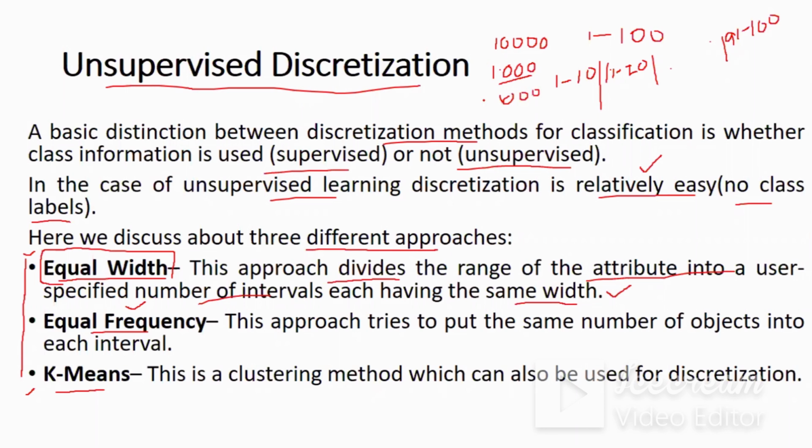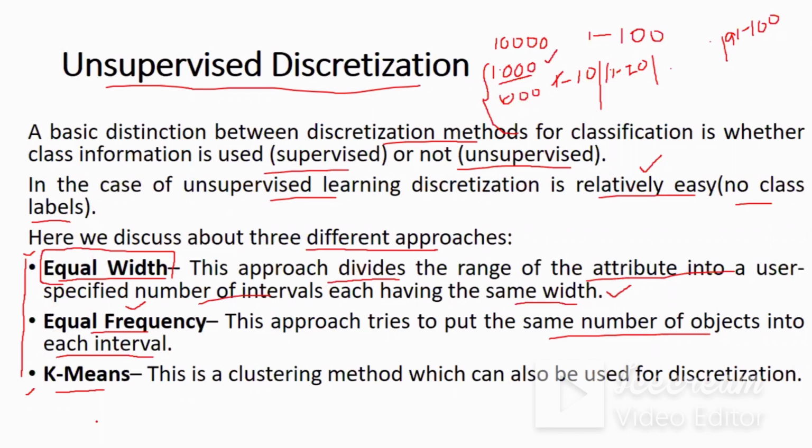So we're going to have 10 categories, and we're going to see to it that the same number of objects come into each interval. That is the second technique, equal frequency.